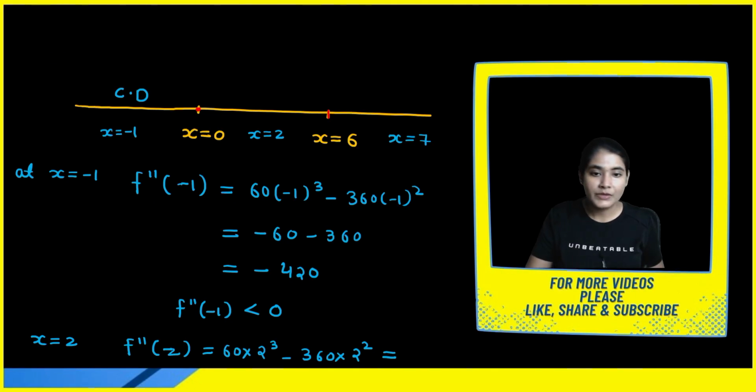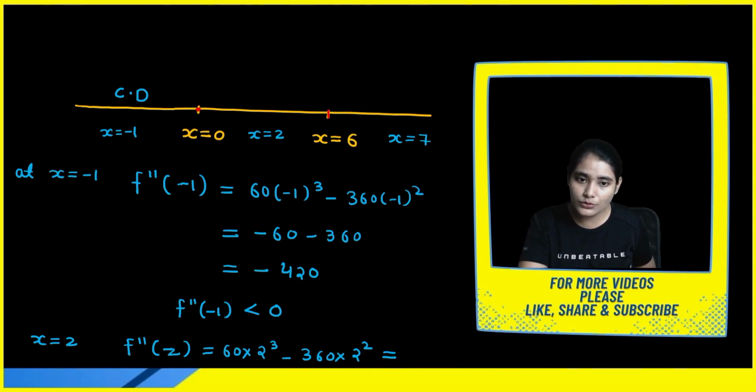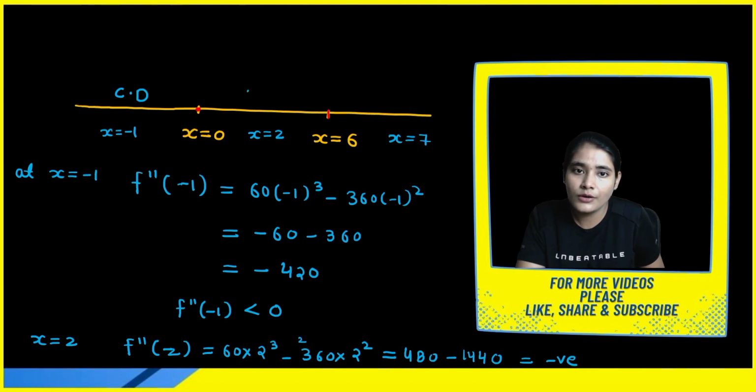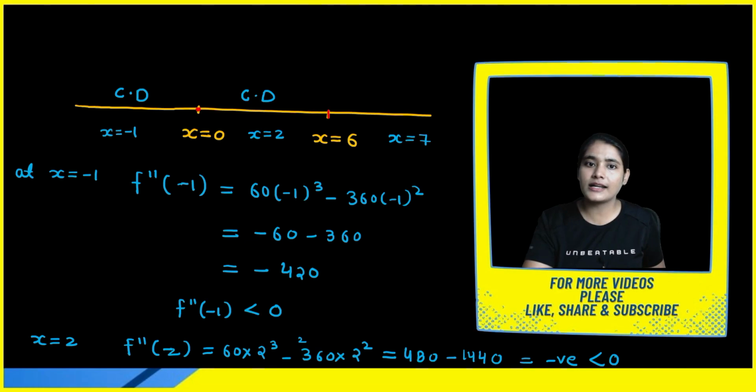Please solve this value. 2 cubed is 8, 8 times 60 is 480. Then 4 times 360 is 1440. So 480 minus 1440 is again a negative value, so you are again getting concave down, because it is less than 0.